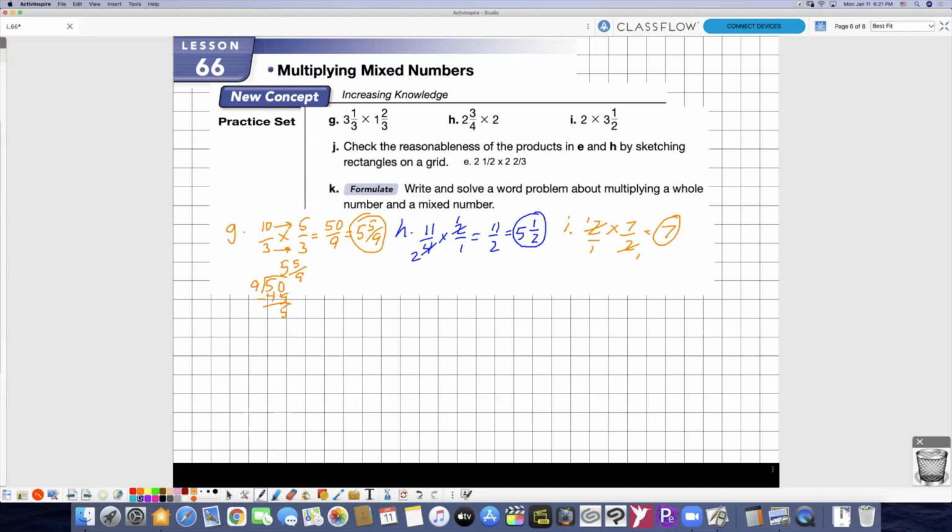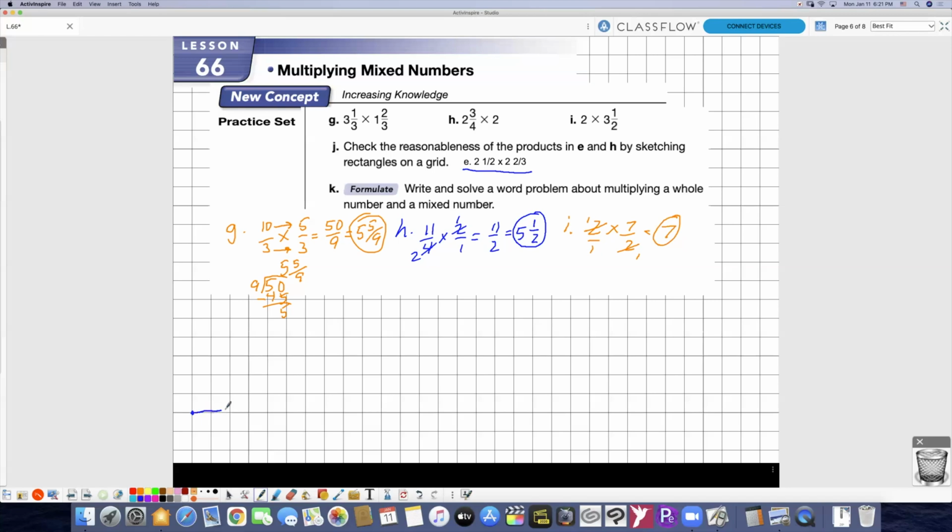All right, and letter J, check the reasonableness of the products in E and H by sketching rectangles on a grid. So if I was looking at E, which was 2.5 times 2 2/3, let's start out right here, and let's say we go at least 3.